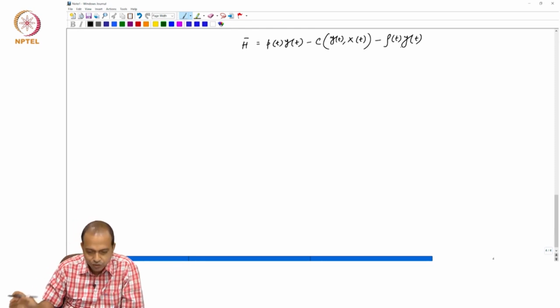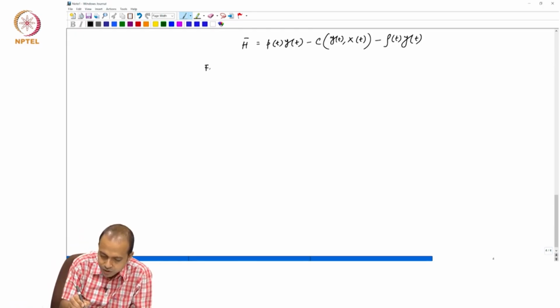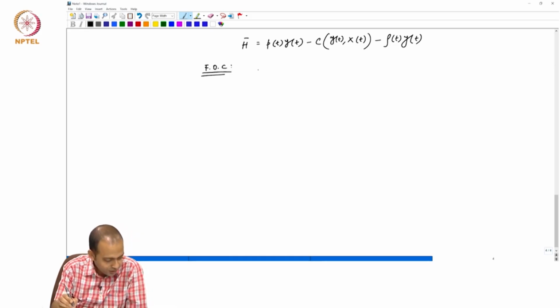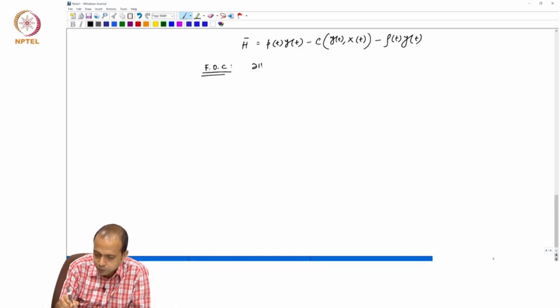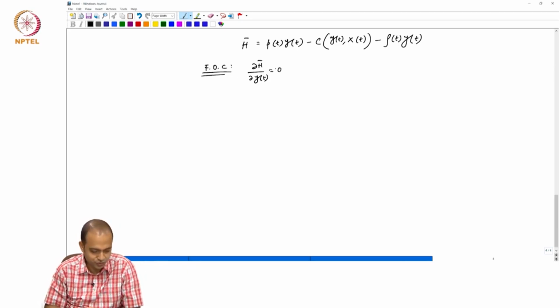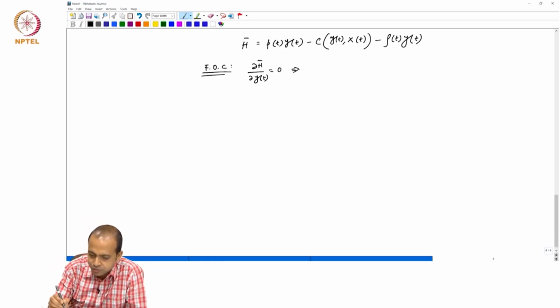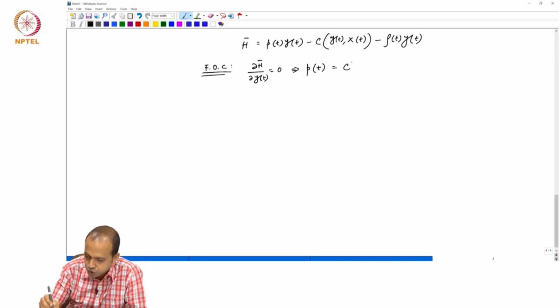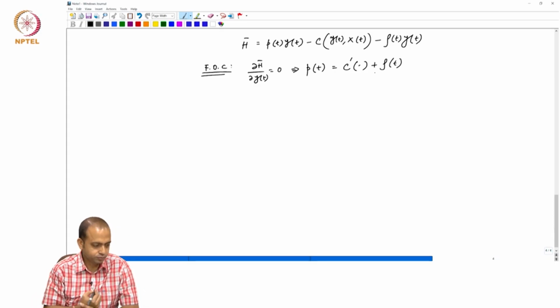Right. So, now the first order condition is, what is the first order condition? Basically differentiating this function with respect to Yt and setting it equal to 0, and that implies Pt equals C plus rho t.